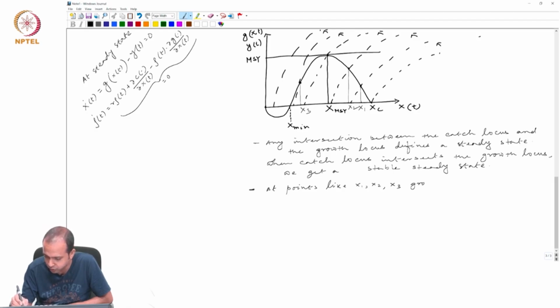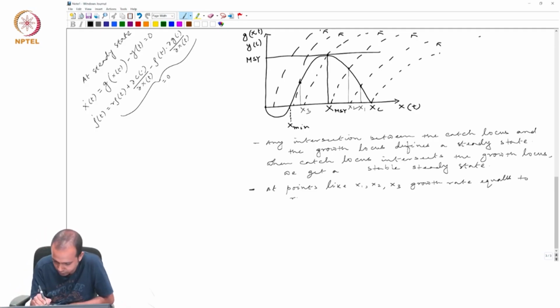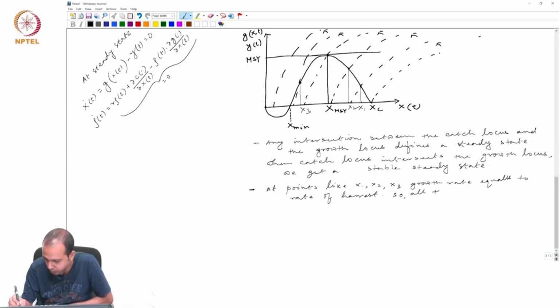Growth rate equals the rate of harvest. So, all these points are optimum for an economist.